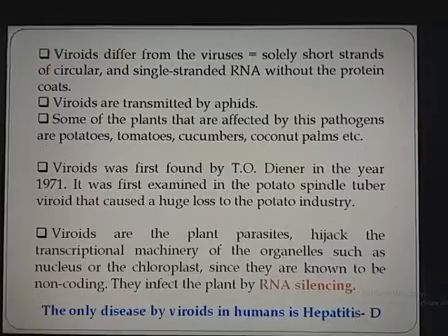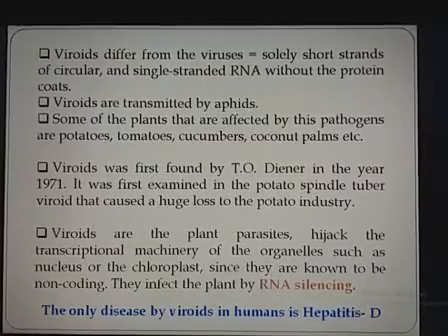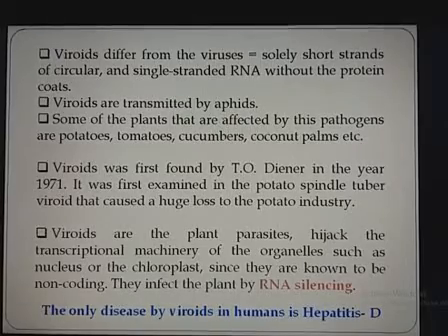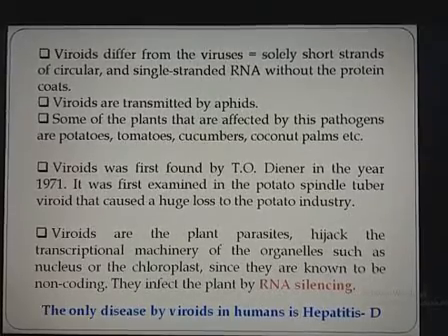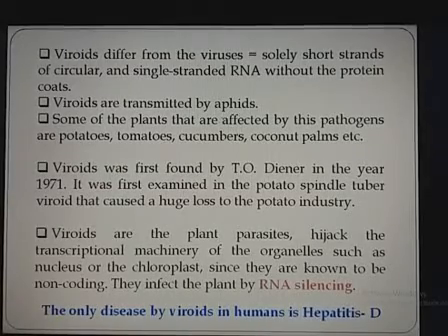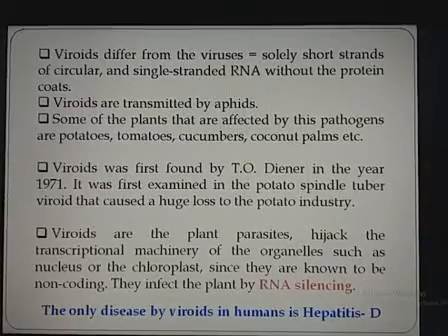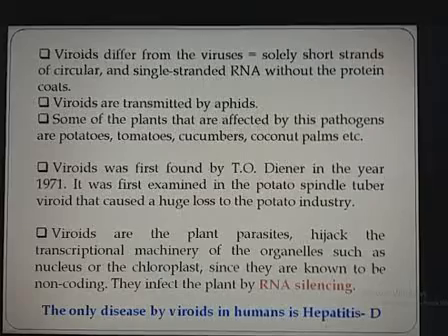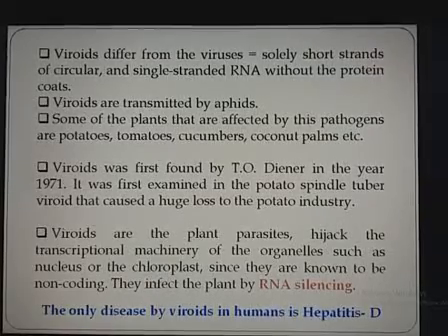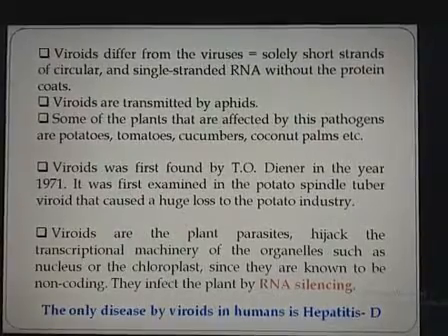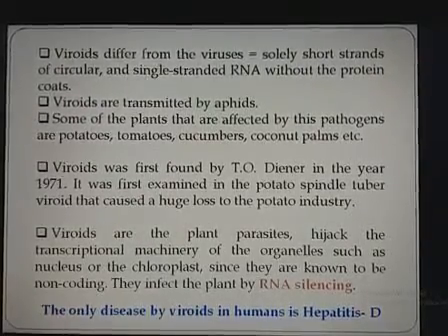That means they do not code for any proteins, rather they hijack the transcriptional and protein synthesis machinery of the chloroplast and infect that plant species, and they infect with the help of a phenomenon known as RNA silencing. The only known disease in humans caused by a viroid is hepatitis D.